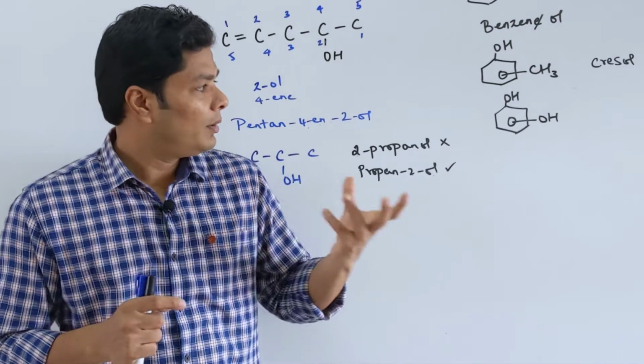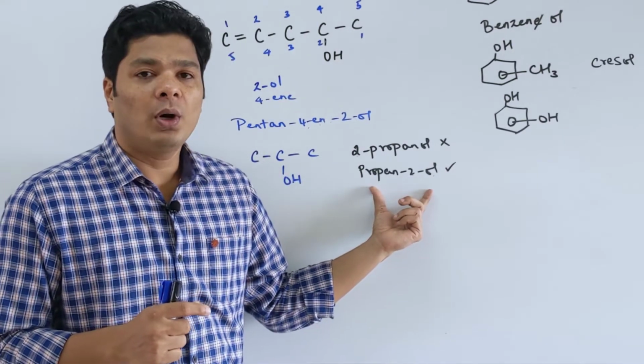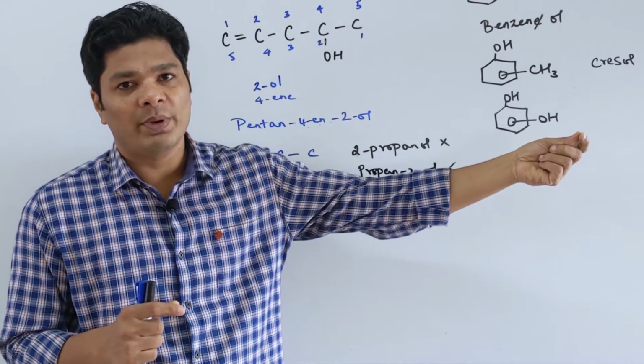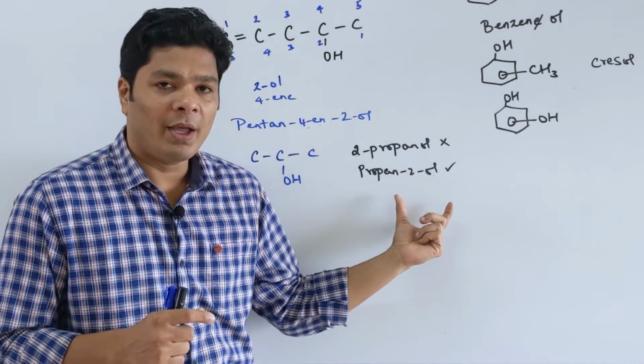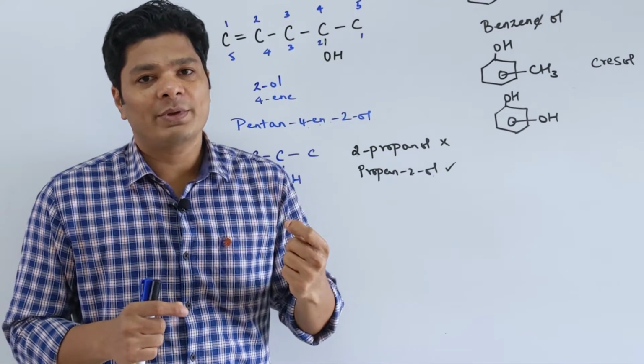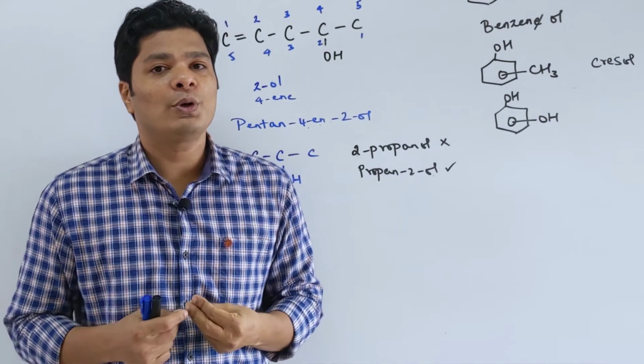For example, propan-2-ol reacts with so and so to give the corresponding product, and that could be an IUPAC name as well, meaning you have to be strong in IUPAC naming. Without IUPAC you cannot proceed in organic chemistry, because you may be able to write the corresponding product, but you need to know how to name it.